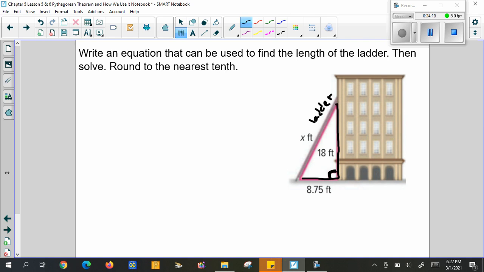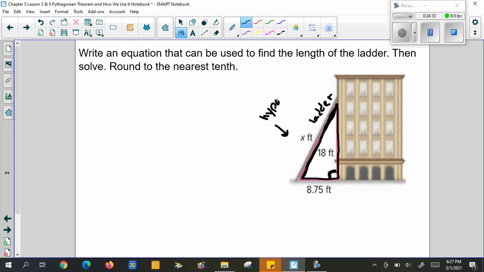The ladder is on a slant, and it happens to create for us a hypotenuse. So this creates for us a right triangle.